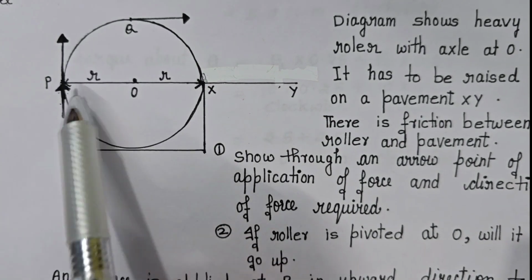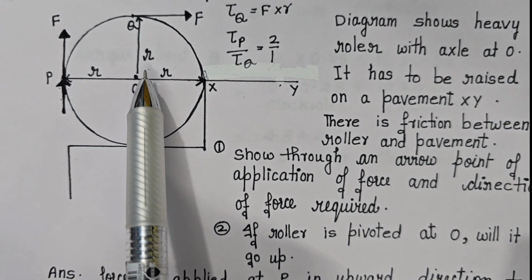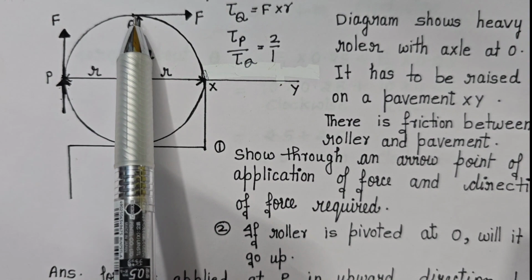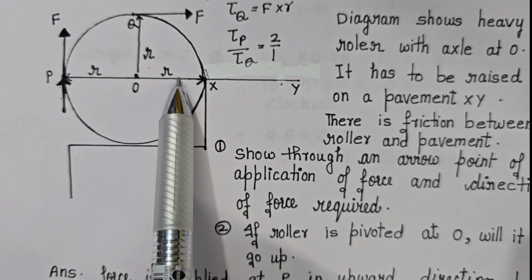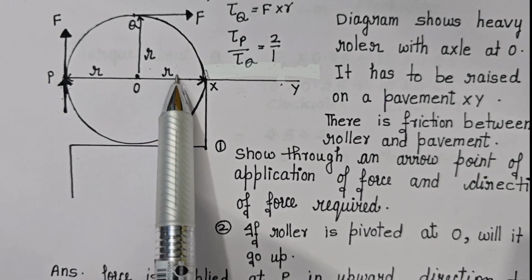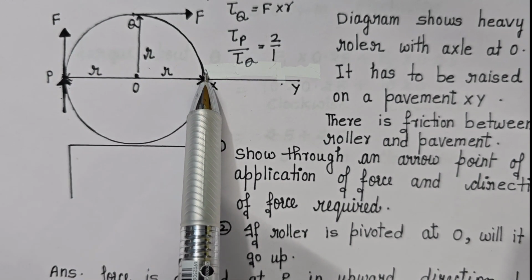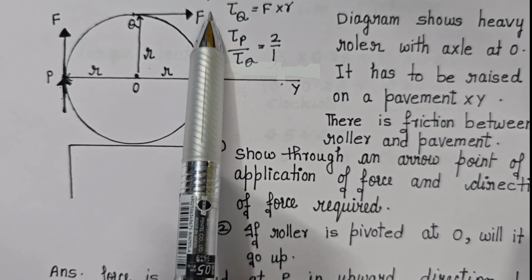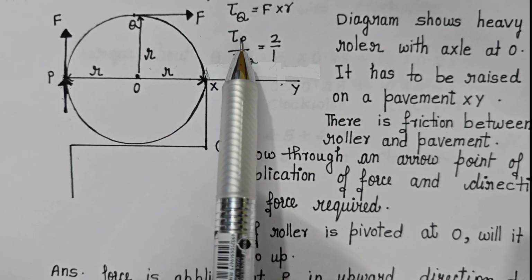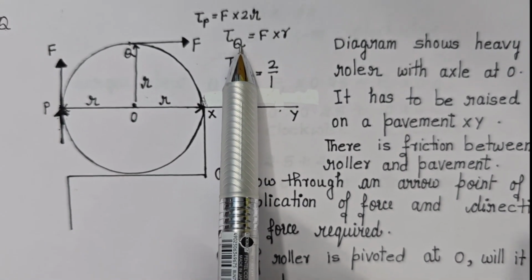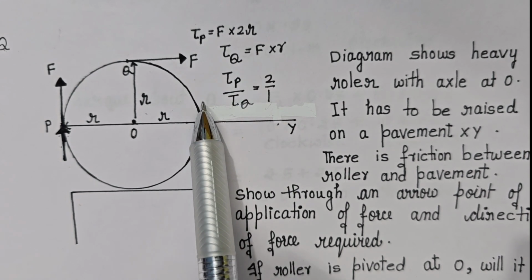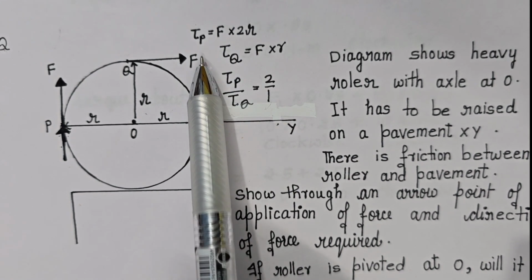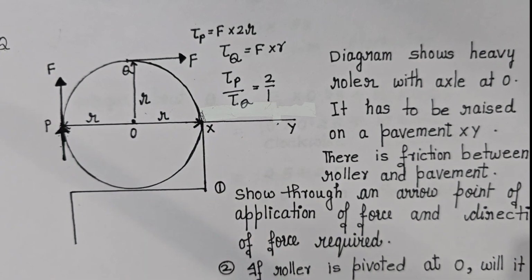Compare the two torques. So you can understand that if force is applied at Q, then point of rotation is X. If you see the level of X, it is shown by this line, and perpendicular distance from X to F is r. So torque of the force which is applied at Q is force into perpendicular distance of F from the point of rotation.